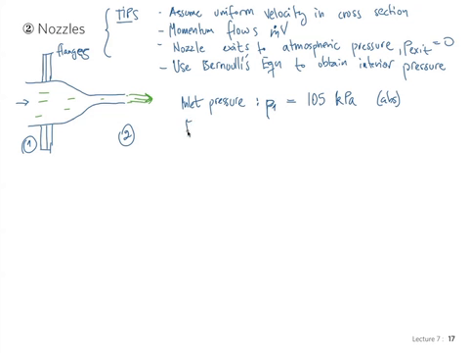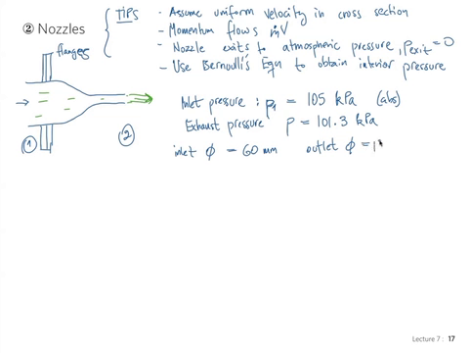The exhaust pressure is at atmospheric pressure, 101.3 kilopascal. We have an inlet diameter of 60 millimeters, and an outlet diameter of 10 millimeters, and we have density rho.